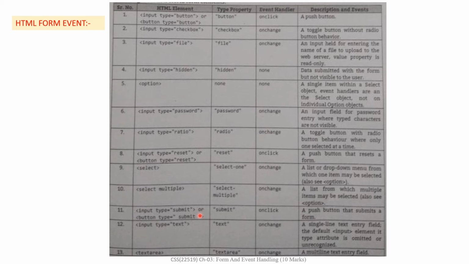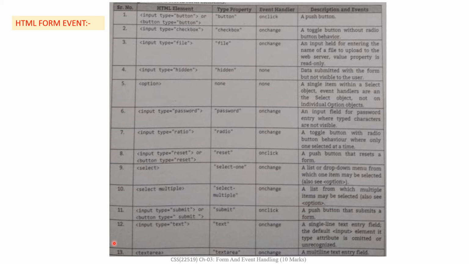Input type equal to submit. Then the property is submit, and the event handler method is onclick, a push button that submits a form. Then input type equal to text. The property is text, and the event handler is onchange. A single line text entry field like first name, last name.